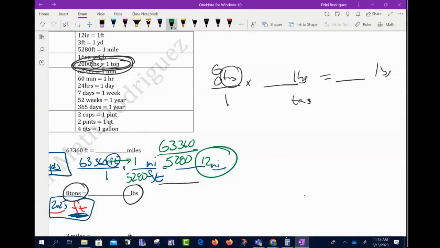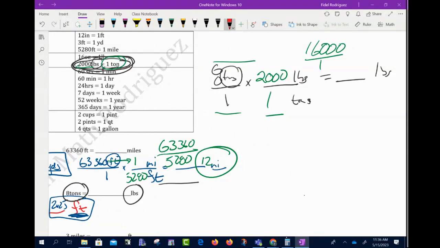Okay. The number for the pounds, 2,000, right? The number for the tons is how much? 1. Multiply straight across. What's 8 times 2,000? 16,000. What's 1 times 1? Still 1.